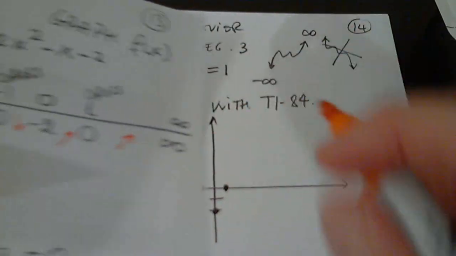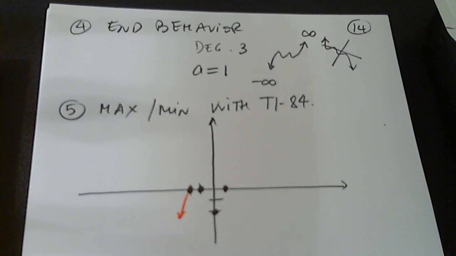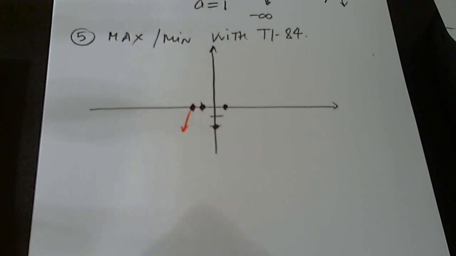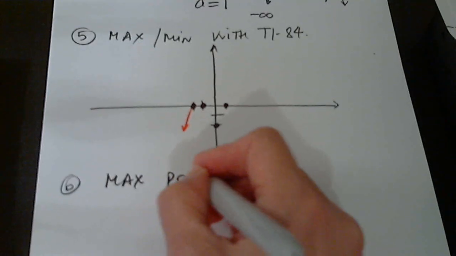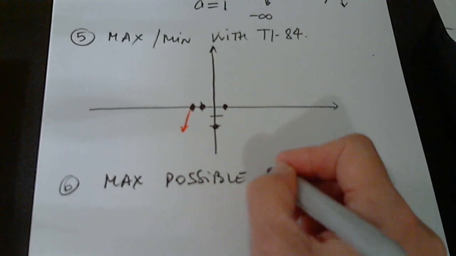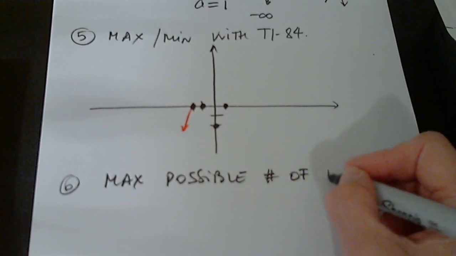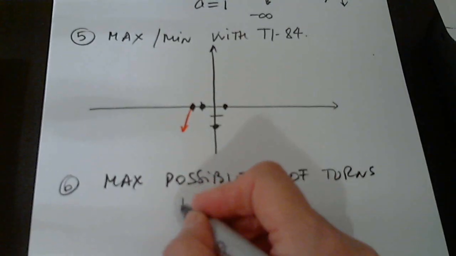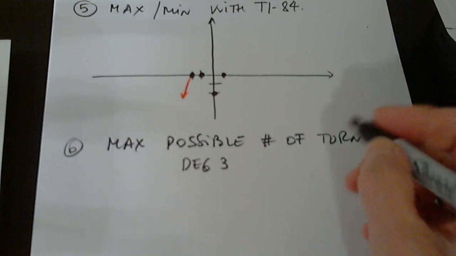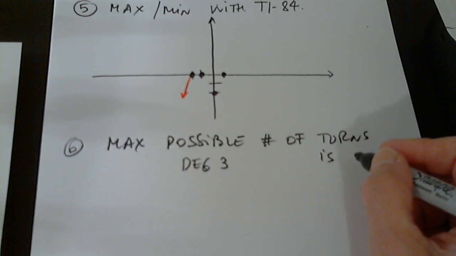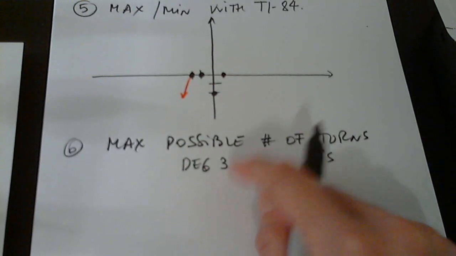I forgot to mention, what is the maximum number of turns? Max possible number of turns: because the degree is 3, the maximum possible number of turns is always 1 less than the degree.